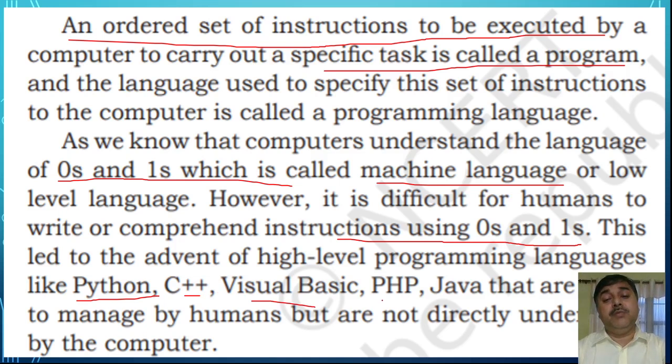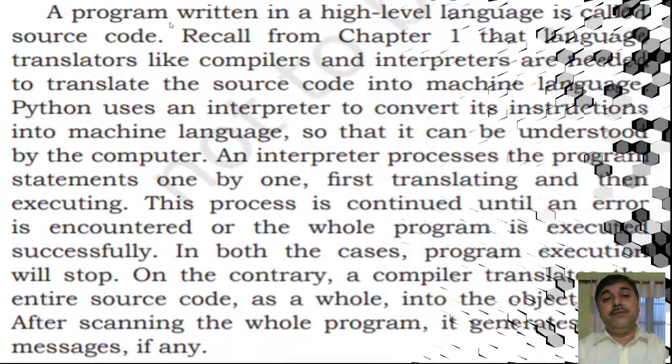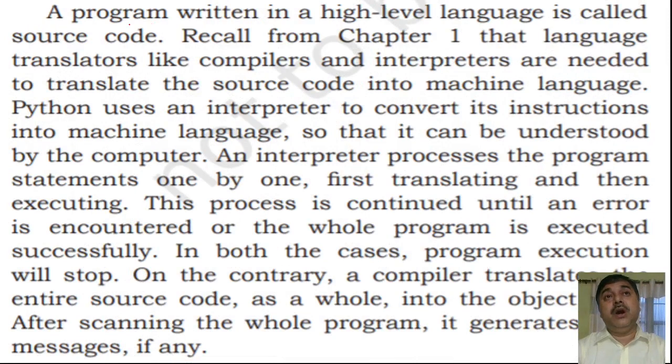Visual Basic was an older version, then PHP, Java, and so on. These are easier languages that humans can use directly and that are understood by both the human and the computer. We have different types of language, and they need to be understood better by human beings as well as by machines.